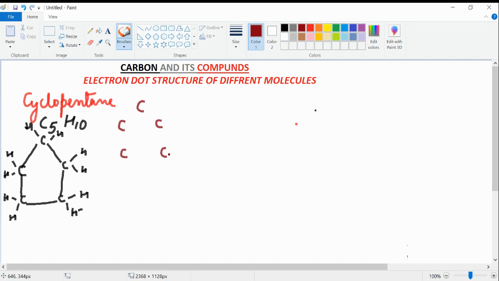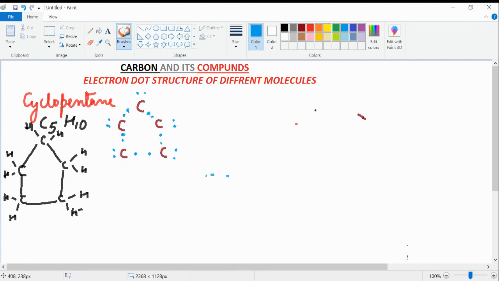Each carbon atom has 4 electrons in the outermost shell, and I will show these 4 electrons. 1, 2, 3 and 4. 1, 2, 3 and 4, for each carbon atom.